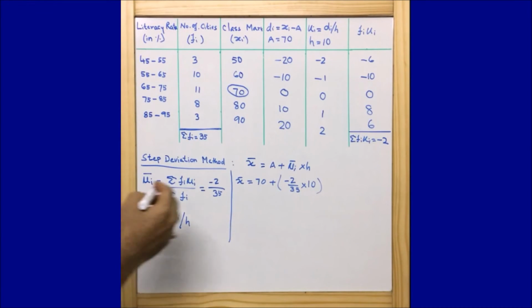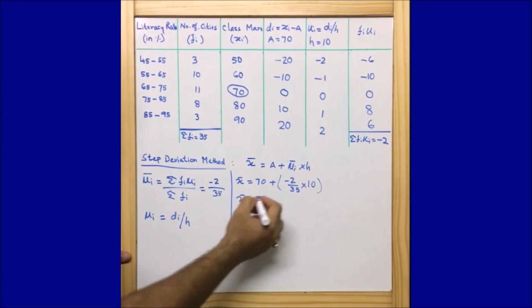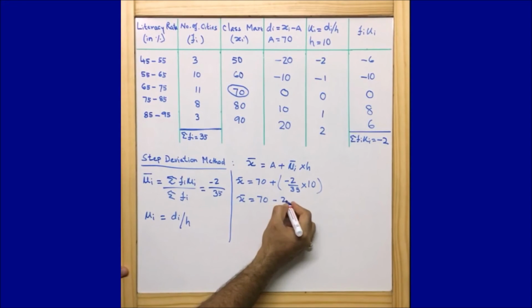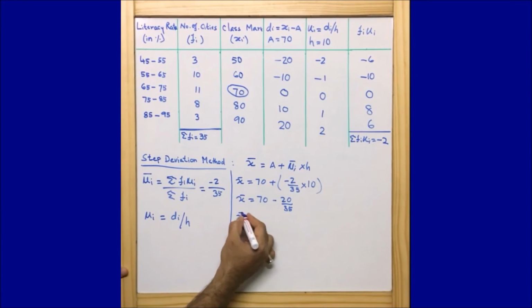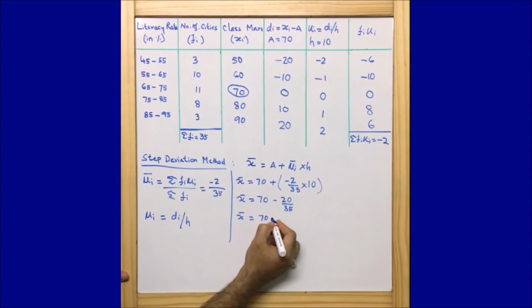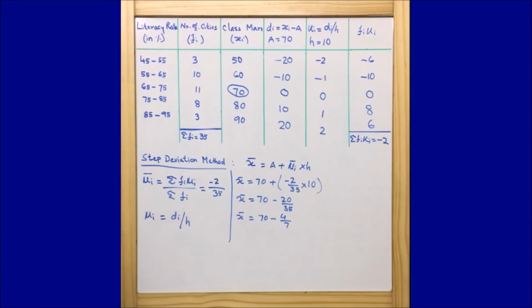Now I can write mean is equal to 70 minus 20 upon 35. Or further we can write mean is equal to 70 minus 20 upon 35, which is nothing but 70 minus 4 by 7, since 5 4s are 20, 5 7s are 35.